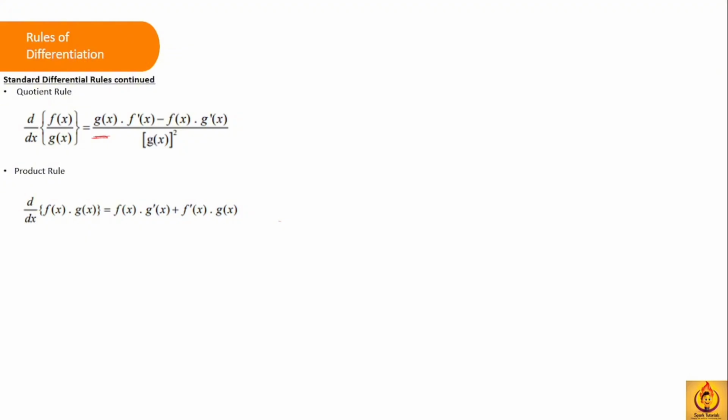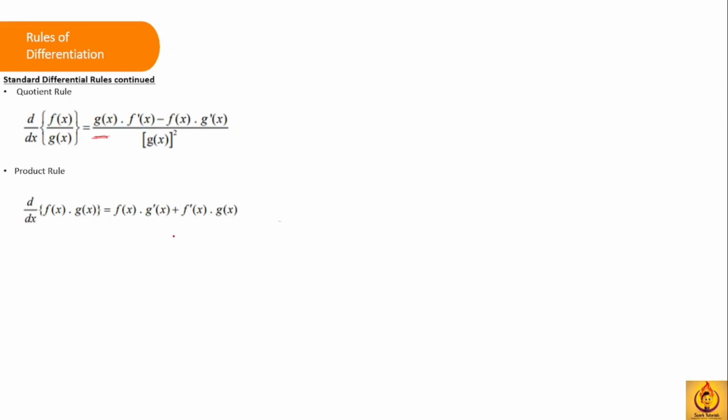The quotient rule says that if you have a function defined by f of x over g of x, the derivative of that will be the derivative of your numerator f of x, multiplied by your function on your denominator, minus the function on your numerator f of x multiplied by the derivative of your function on your denominator g of x.